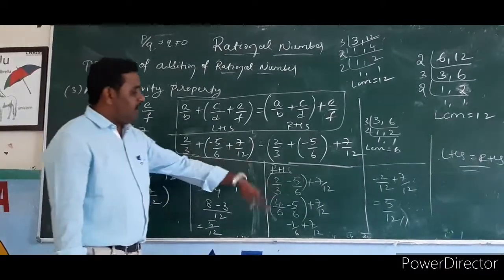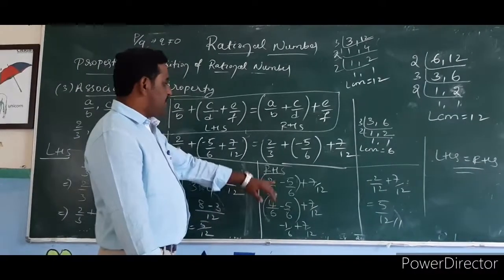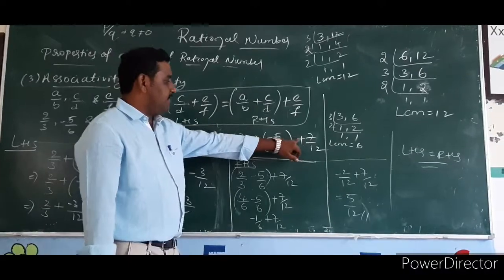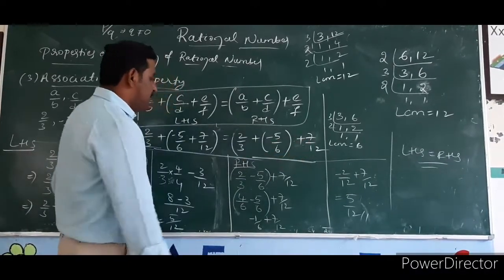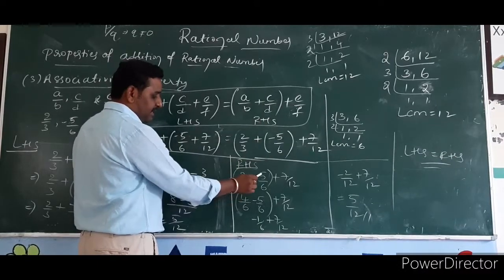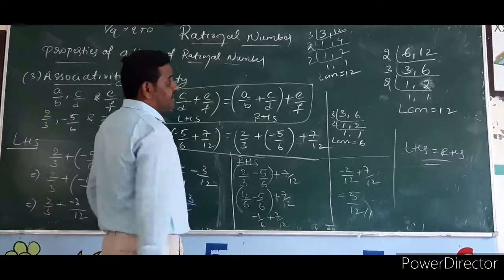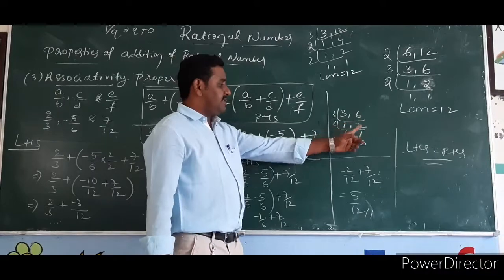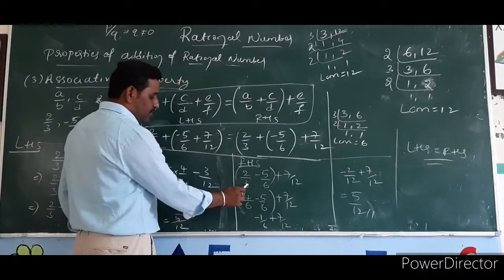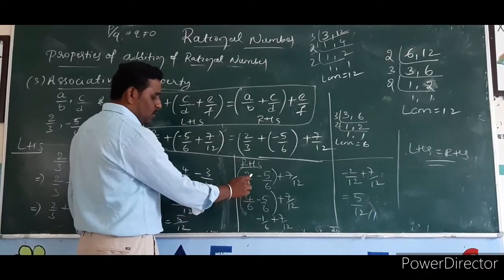Now the RHS side. What is the RHS side? 2 by 3 plus minus 5 by 6, plus 7 by 12. Plus into minus, what happened? Minus: 2 by 3 minus 5 by 6. We already found the LCM of 3 and 6, which is 6. If you want 6, it should be multiplied by 2. 2 2s are 4.